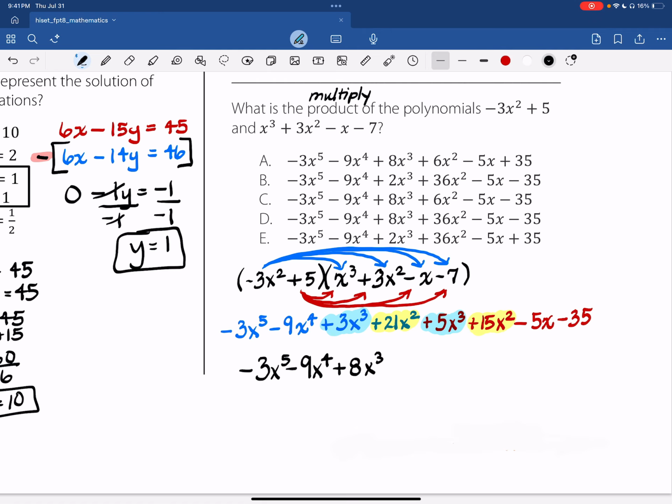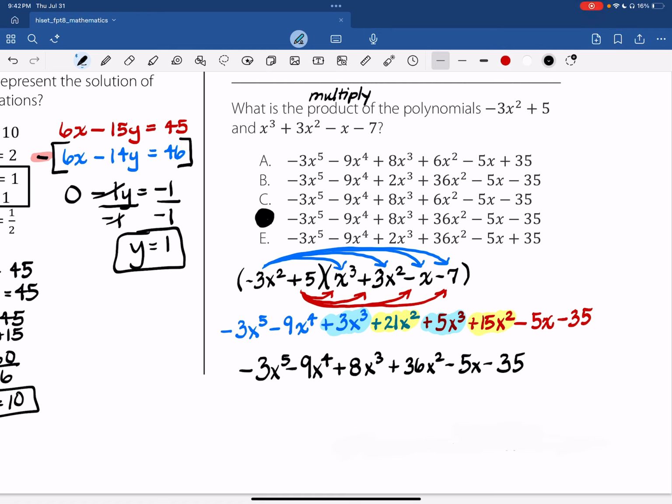The two yellow terms get combined. That's positive 36x to the second minus 5x minus 35. And if I've done this correctly, I have, awesome, that will be answer D, as in delta.